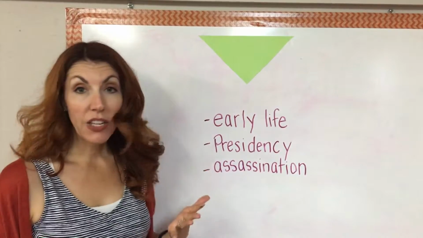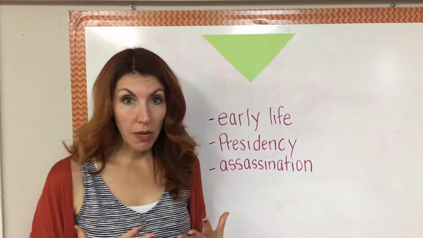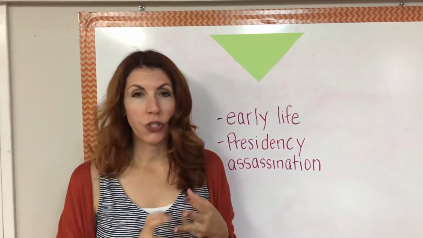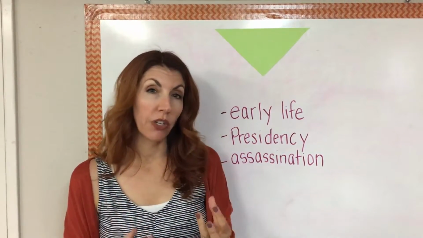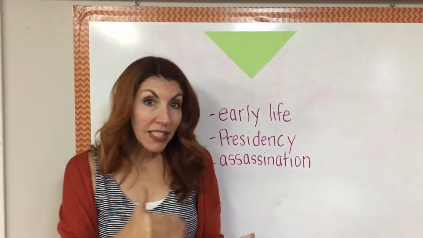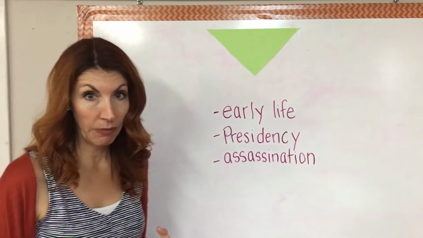So you can see in the example that I just gave about Abraham Lincoln, I said Abraham Lincoln was an important man in American history because of his early life, his famous presidency, and his tragic assassination. I've given my readers a very clear map about where I'm going to take them. We're going to make 3 stops on this paper: the early life, the presidency, and the assassination of Abraham Lincoln.